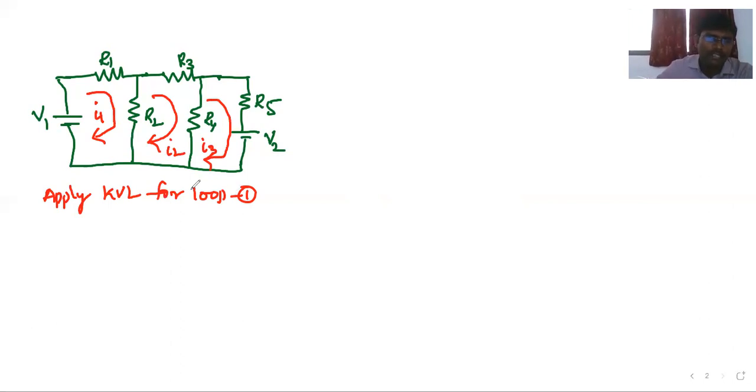So if you consider the first loop, there are two resistors leading to voltage drops VR1, VR2. That must be equal to V1. So therefore VR1 plus VR2 is equal to V1.